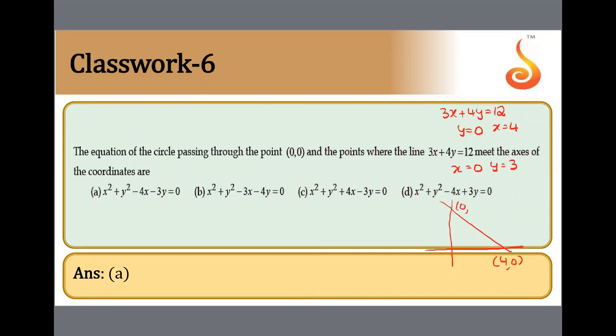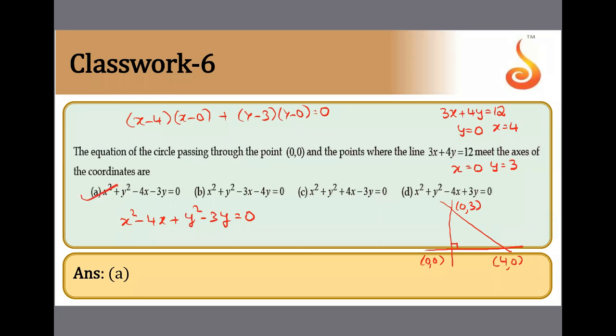This is 0, 3. Correct? Same concept, this is origin. What we do? x minus 4 into x minus 0 plus y minus 3 into y minus 0 equal to 0. So we get x square minus 4x plus y square minus 3y is equal to 0. Okay, option A.